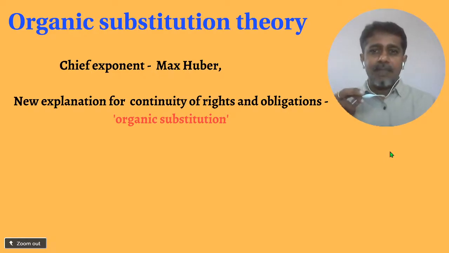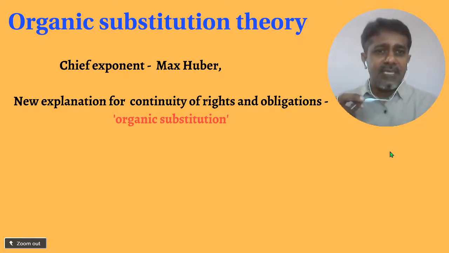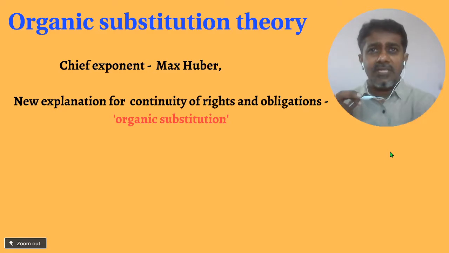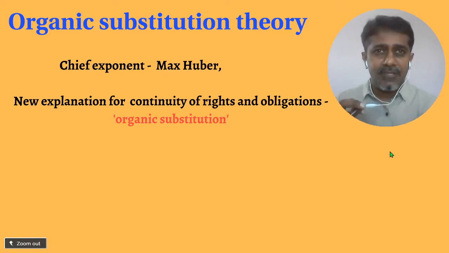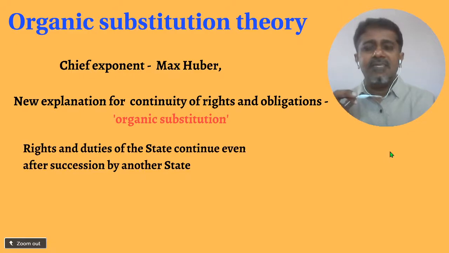Even in this theory, they are giving a new explanation for continuity of rights and obligations of the predecessor state to that of the successor state. And what is the basis? According to this theory, the basis is organic substitution. How does it work, and what are the implications of this? Let us try to understand.